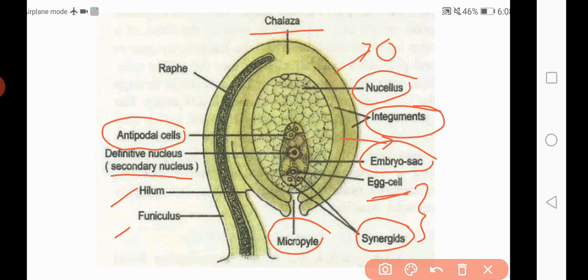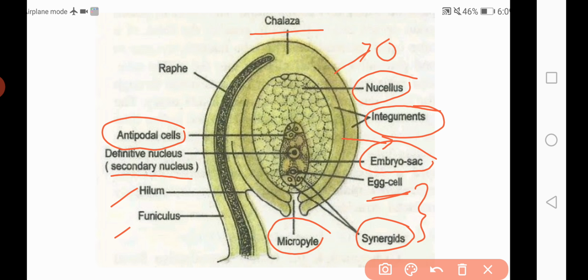In this way three groups of cells are present in the embryo sac. So this is about the structure of the megasporangium. Once again I'll repeat the structure. Each ovule contains the stalk portion which is called the funicle, and the junction between the funicle and the main body of the ovule is called the hilum.